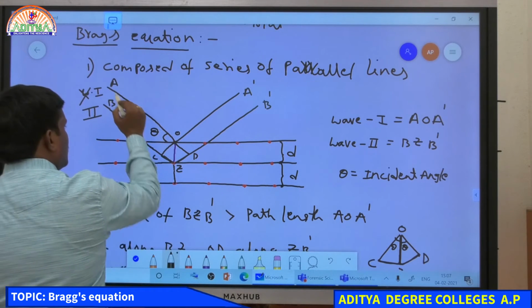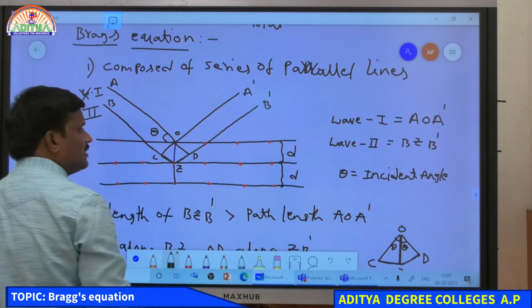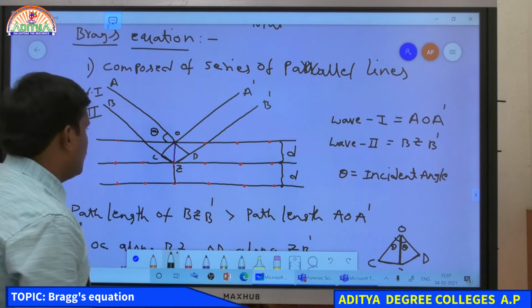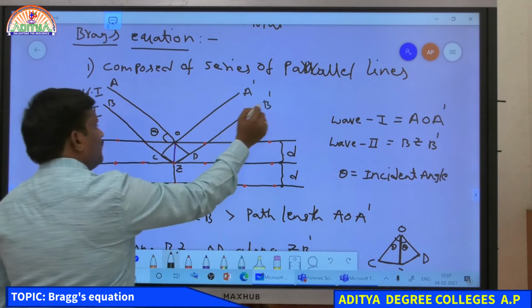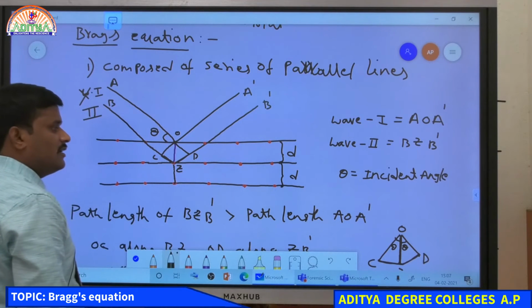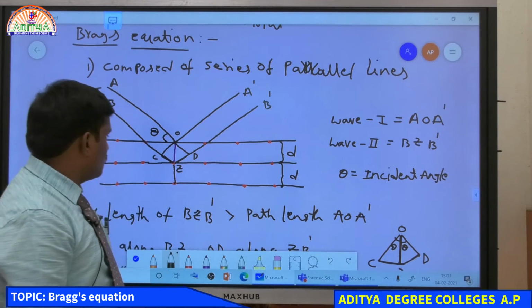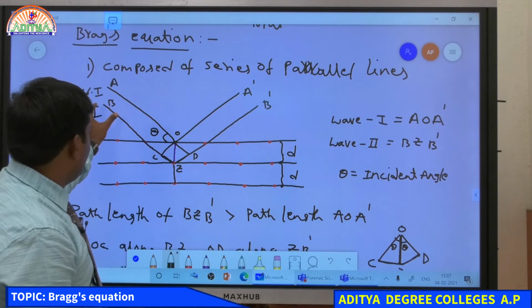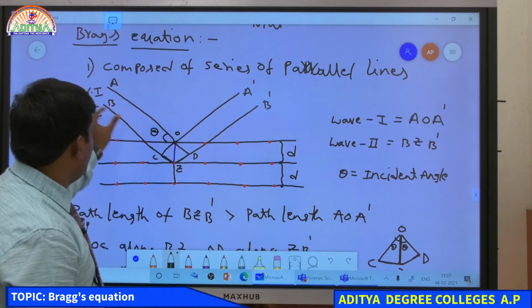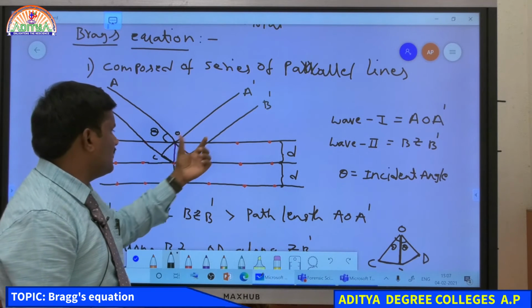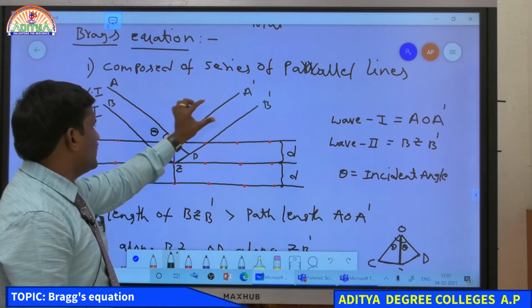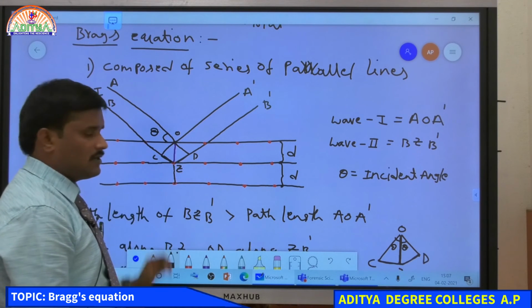So here AOA dash is the path length of wave 1 and BZB dash is the path length of X-ray 2. So clearly the path length of BZB dash is always greater than AOA dash, because this one is smaller.